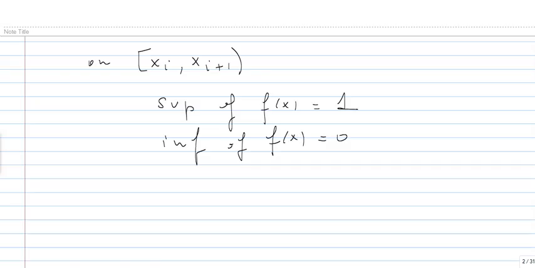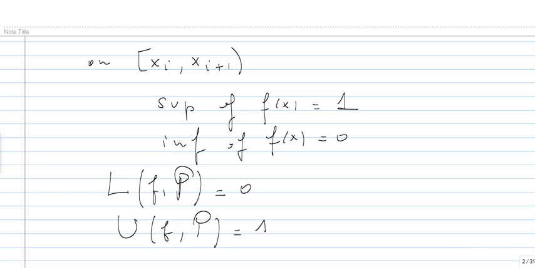Remember that f of x anyway takes two values, 0 and 1. So in every interval, because of the density of the rationals and irrationals, you have these two values, 1 and 0. So this obviously implies that the lower sum of f with respect to this partition P will become 0, while the upper sum of f with respect to this partition is going to be, I'm sorry, not 1, the length of the interval.